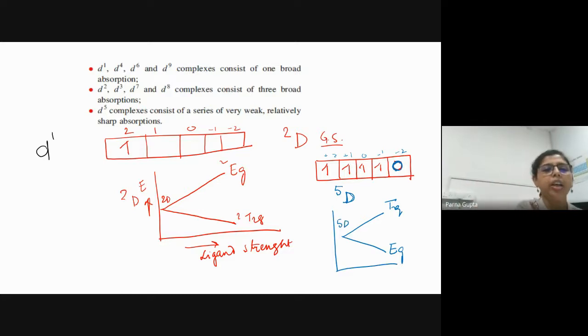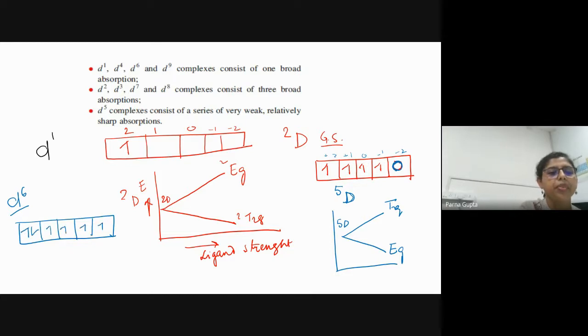And now if I go for the d6 system again, so d6 system, if I do it, then +2, +1, 0, -1, -2. So again, this is a 5D system, but here it is 5D like this.